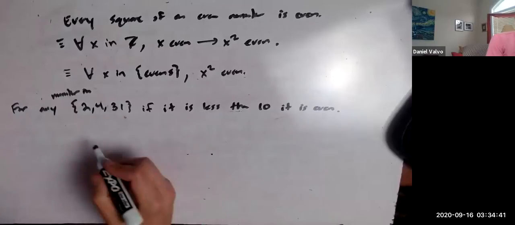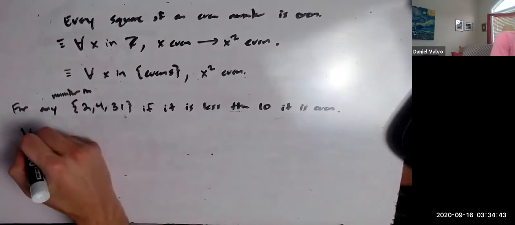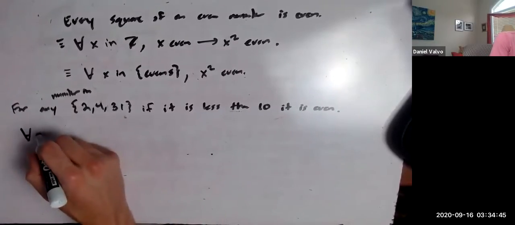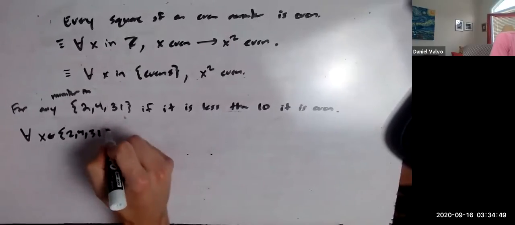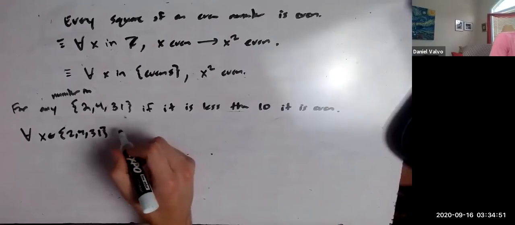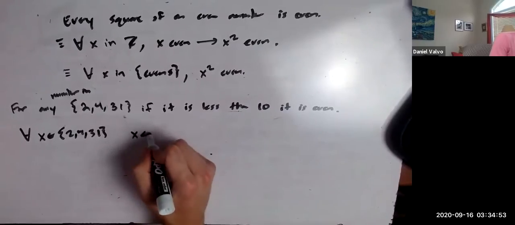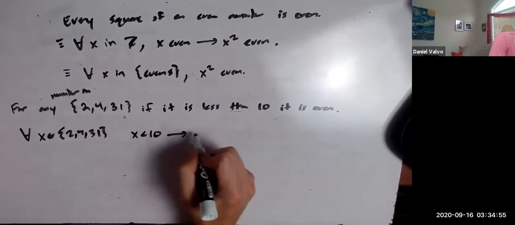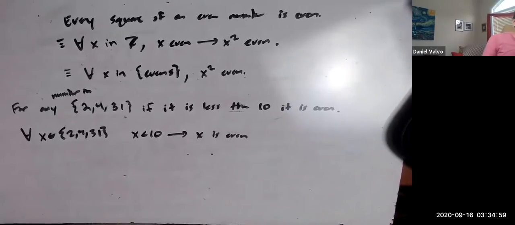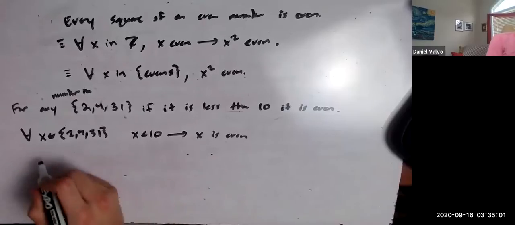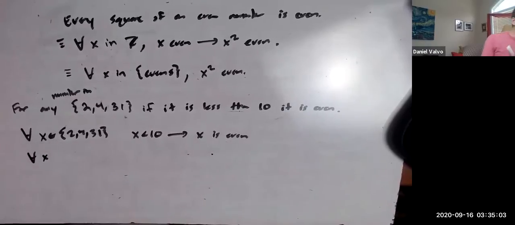So this is a universal statement, right? You could write it as for all x in 2, 4, 31, x less than 10 implies x is even, right? That's kind of a direct translation of what you're saying. What's the other thing you could do?